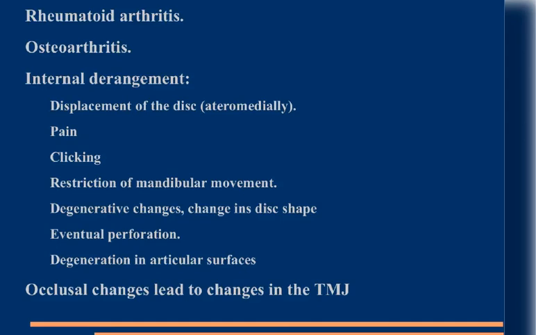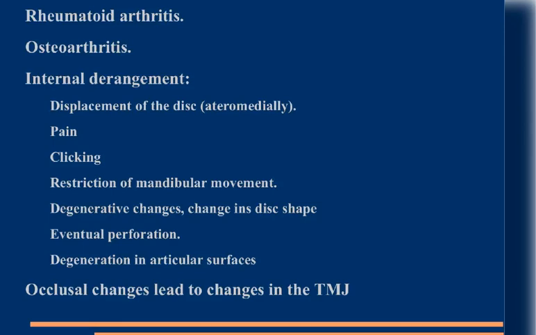Also, internal derangements of the disc could include pain in the joint, clicking sound, which we explained, restriction of mandibular movement, represented as a limited mouth opening, degenerative changes, and changes in the disc shape.